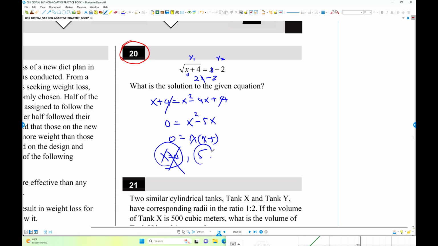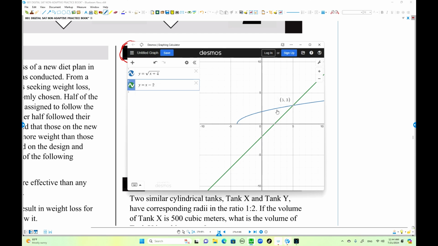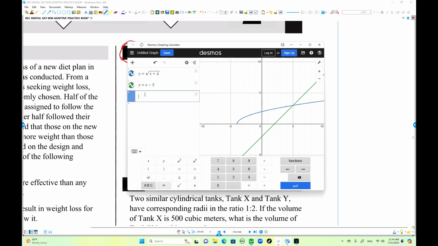So 5. How about this one? When you square over here, we get another graph. It looks like this. This is only one graph. This is the correct graph. When you square, you get one more, another fake graph over there, okay? I'm going to show you.